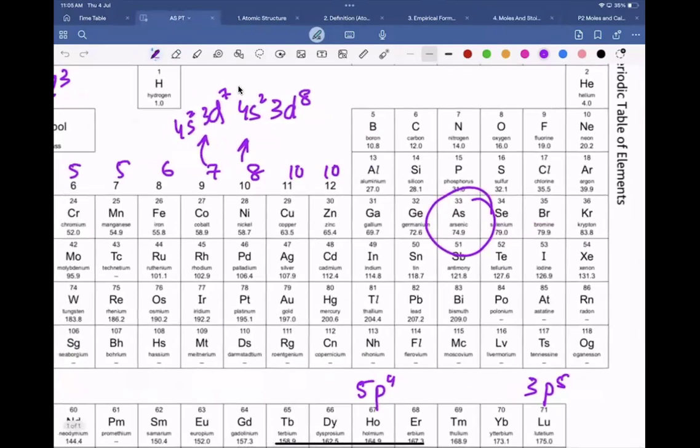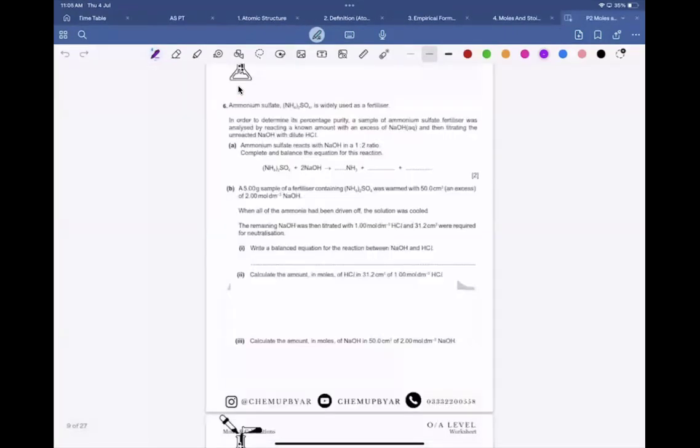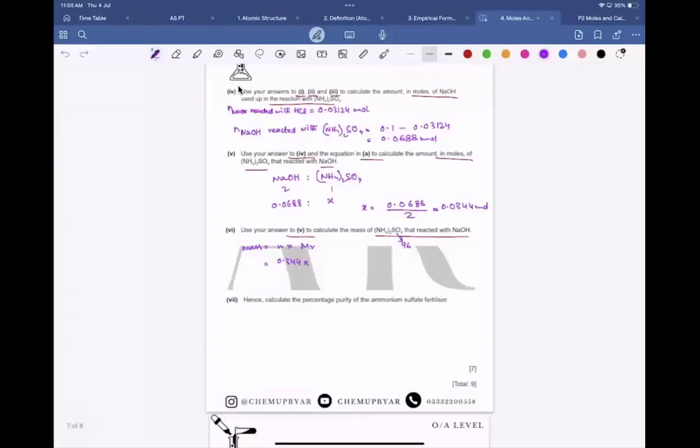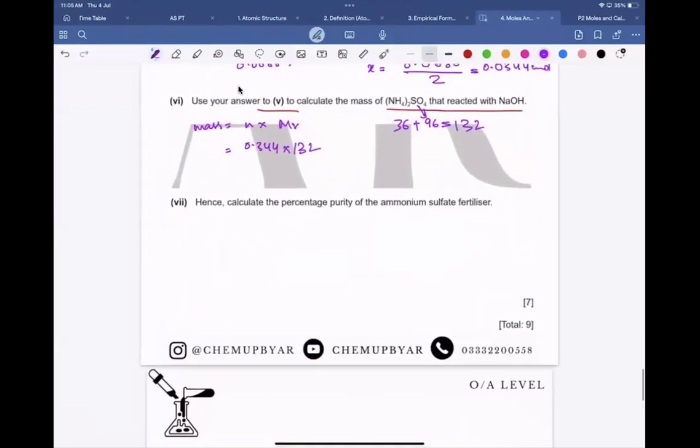Nitrogen is 14, 14 and 4 hydrogens, 18. 18 and 18, 36. 36 plus 96, 132. So just multiply them. We get 4.5408. These are the grams of pure ammonium sulfate in that 5 grams of sample.